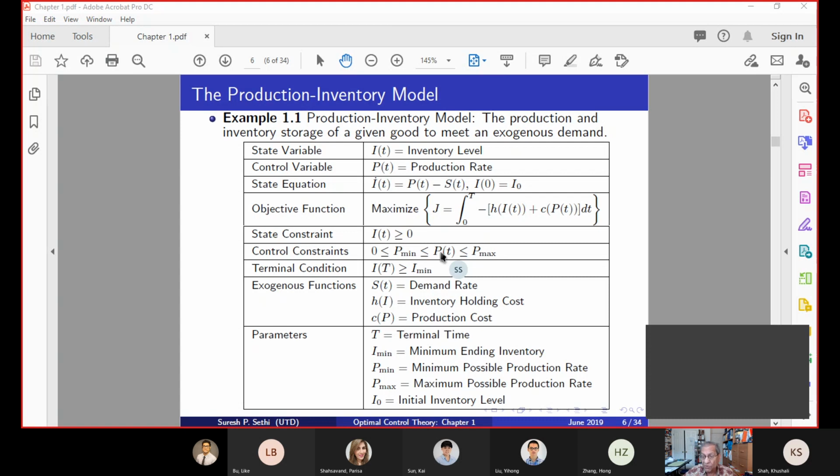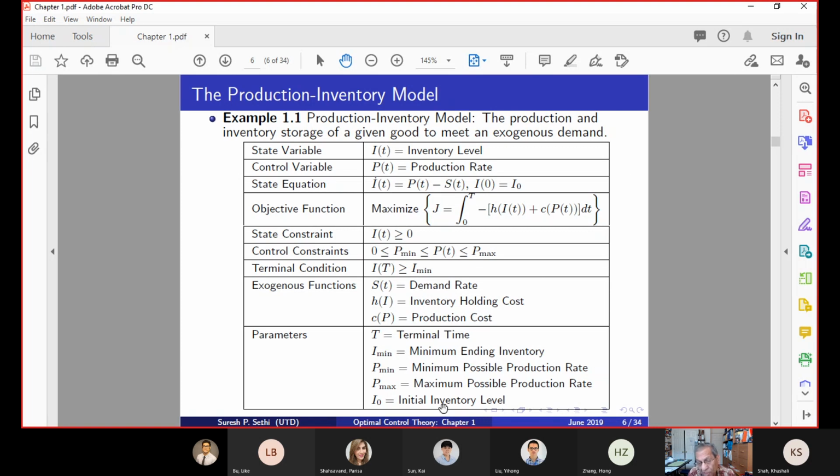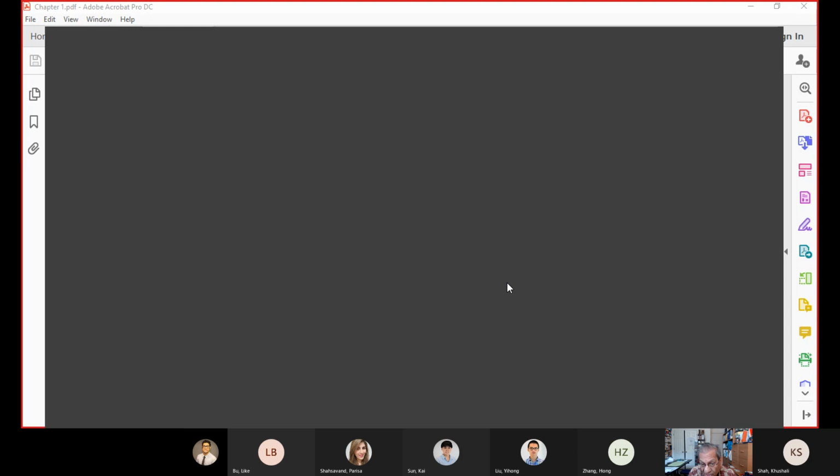So I have two bounds on production, which means I should produce only within those limits, because my machines do not allow me to produce more than P max. My machine may not allow less than 0, but it's also possible that some machines you cannot run lower than P min.